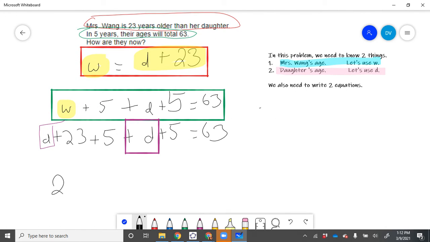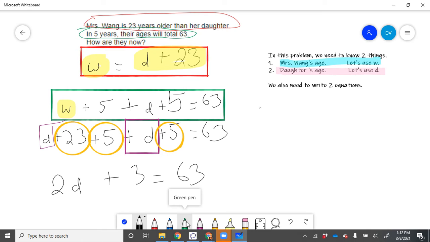So I've got 2D. But I also have 23 plus 5 and plus another 5. That's 23 plus 10, and that's going to be 33. So 2D plus 33 equals 63.